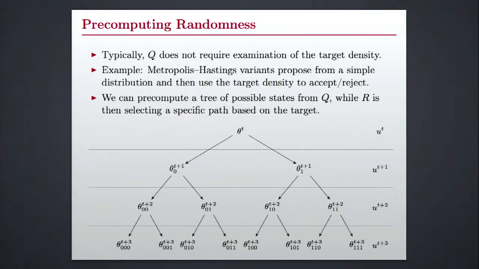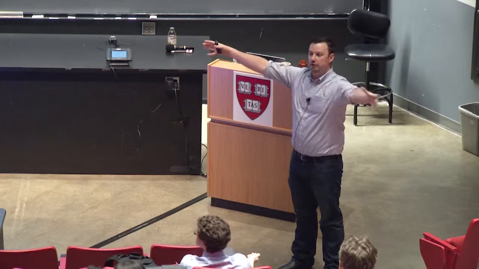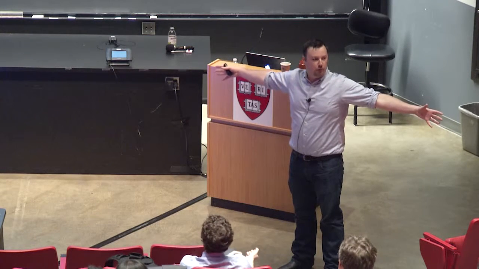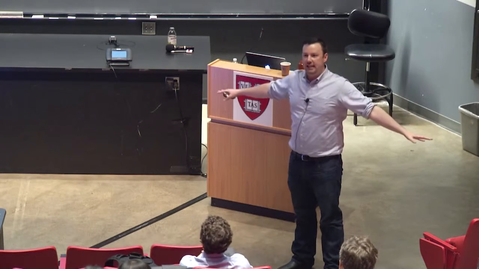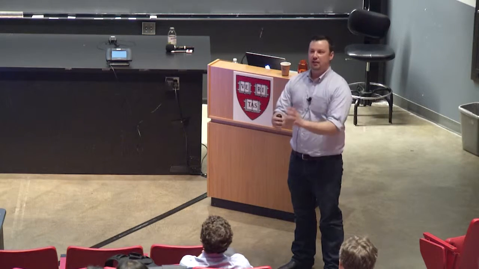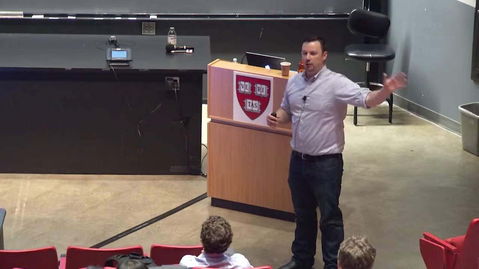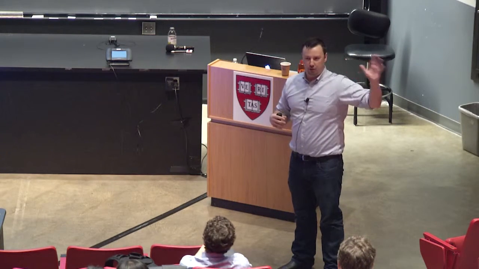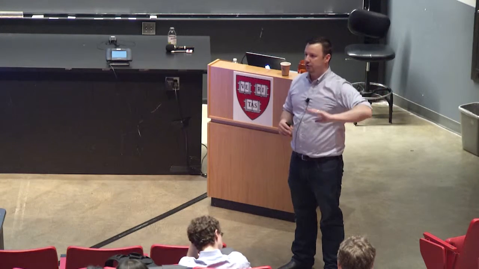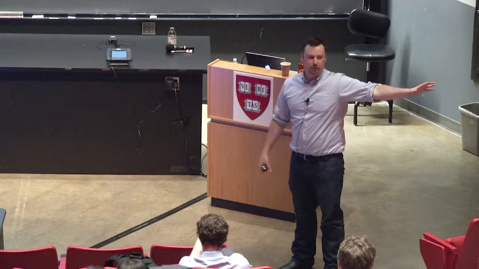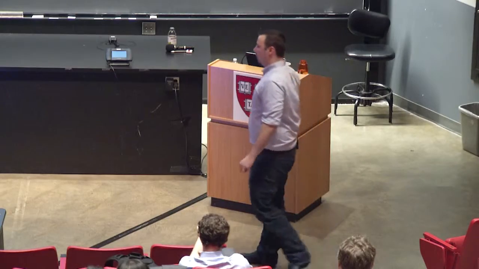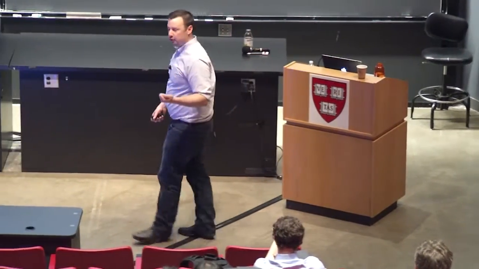That is to say that the proposals that we make in Metropolis Hastings can be run out into a very large tree of all possible places we might go before we look at any data, right? That is to say that we can run our pseudo random number generator anytime we want. We can just generate a whole bunch of randomness by calling rand on our computer or whatever.